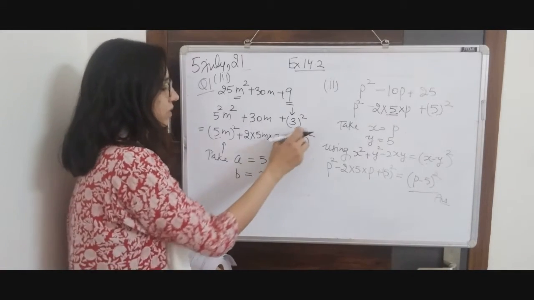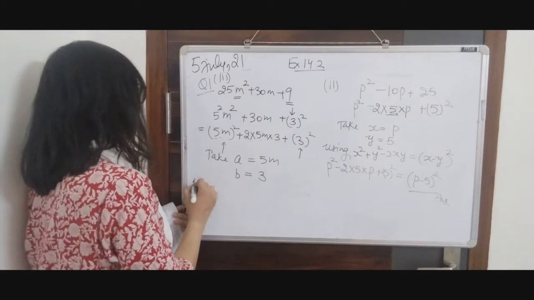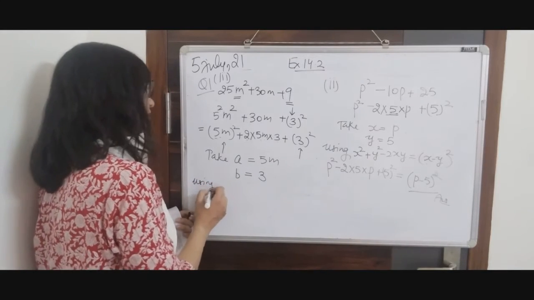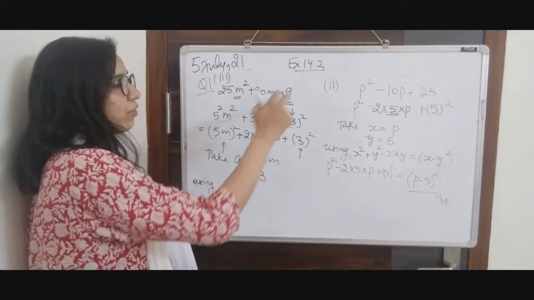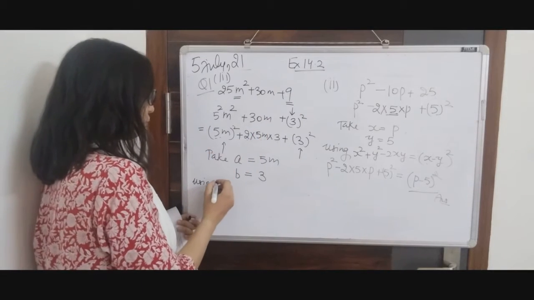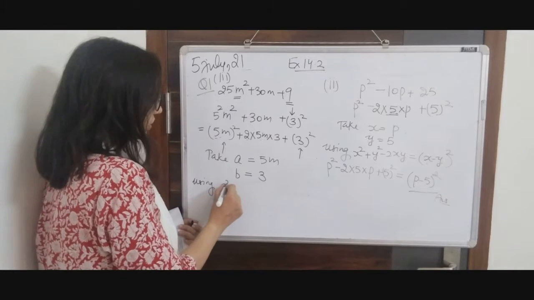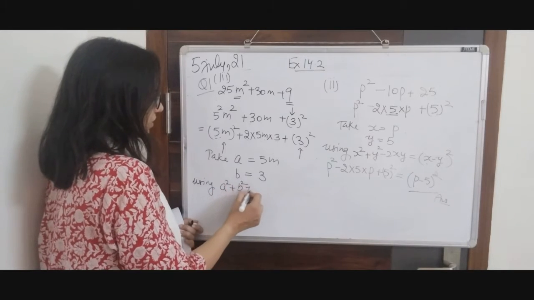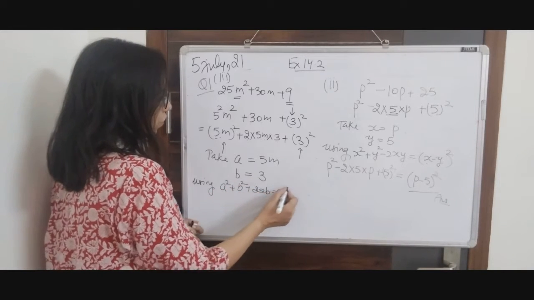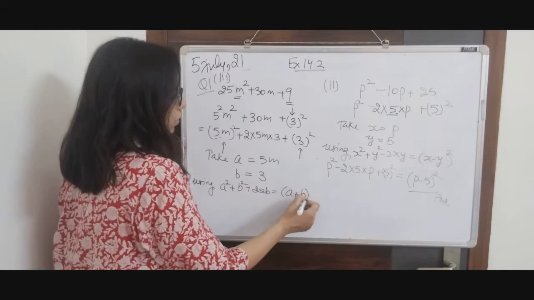This square plus this square. Take this and we have to use identity. Which one? Because there is plus sign, we have to use the first identity which we wrote there. So using a square plus b square plus 2ab is equal to (a plus b) whole square.